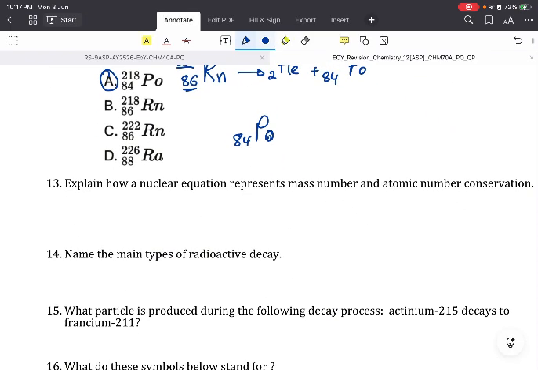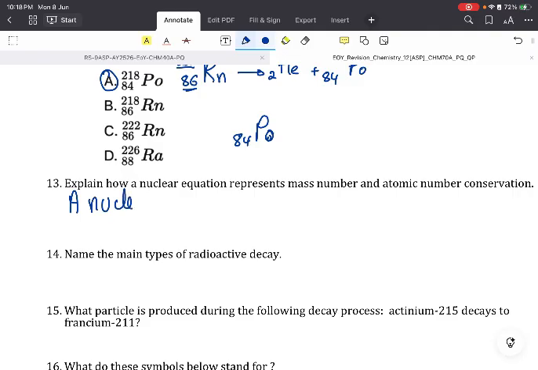Explain how a nuclear equation represents mass number and atomic number conservation. So as you can see in the previous questions, I am making sure that the mass number on both sides, reactant and product, are equal, and the atomic numbers are equal.